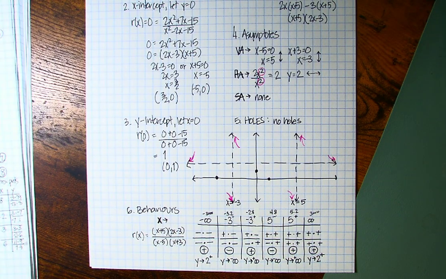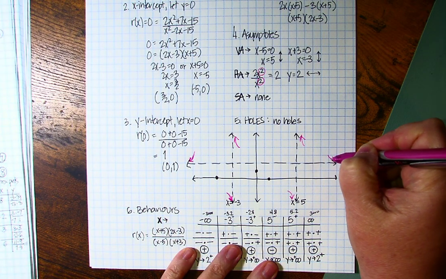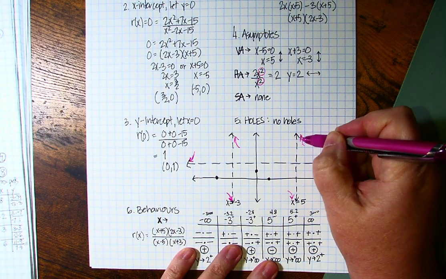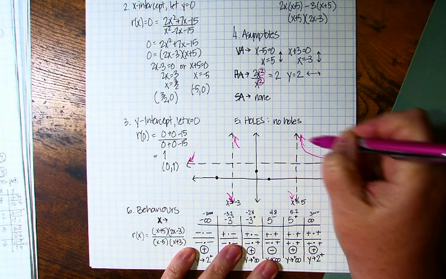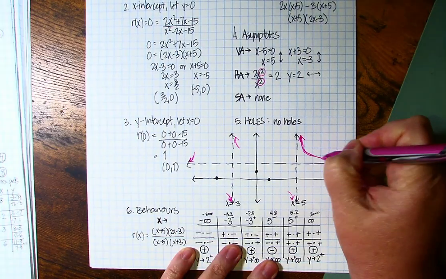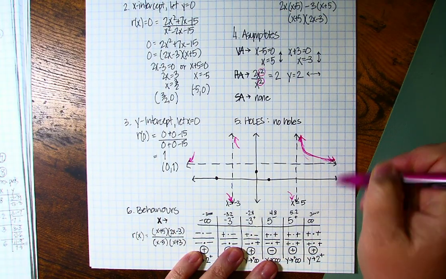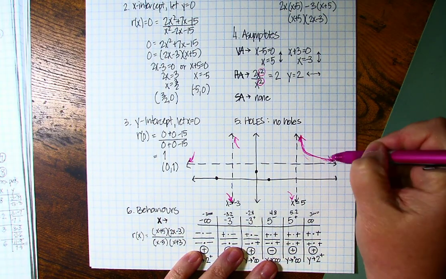Right? So now, with all of these behaviors, what I can do is put them together. Do you see how this is going to approach from the positive side and here it's going to go up? This tells me roughly what this graph is going to do here. It's going to follow as a curve that corner.